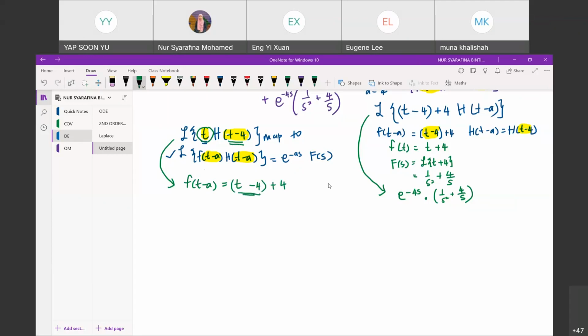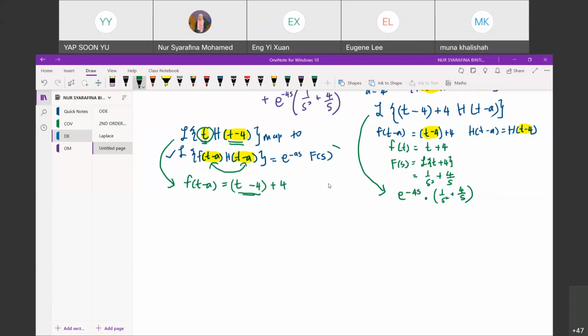So that's why we just plus 4. Because if you expand this, t minus 4 plus 4, again we have t. We just create this minus 4 so that they have equal expression in terms of t minus a and t minus a. Okay, clear? Sort of get it.